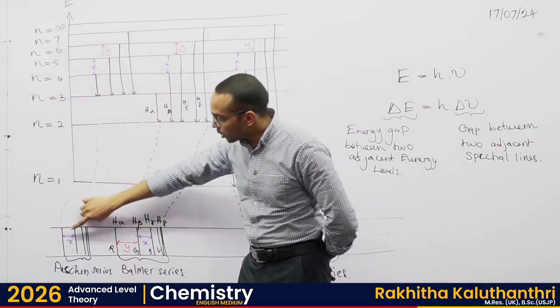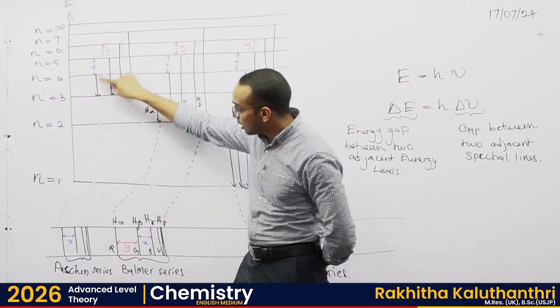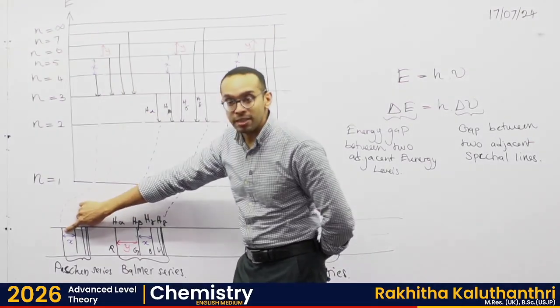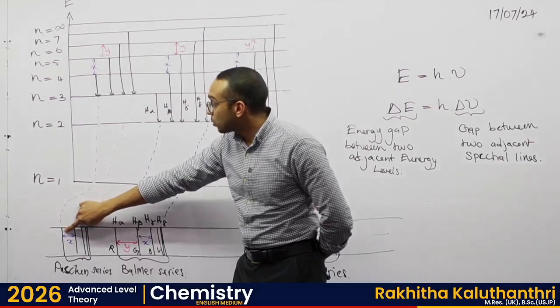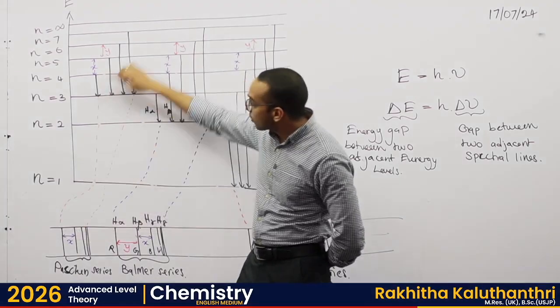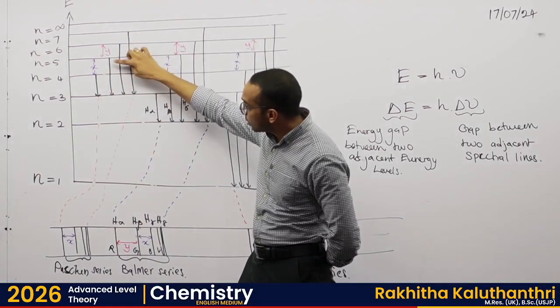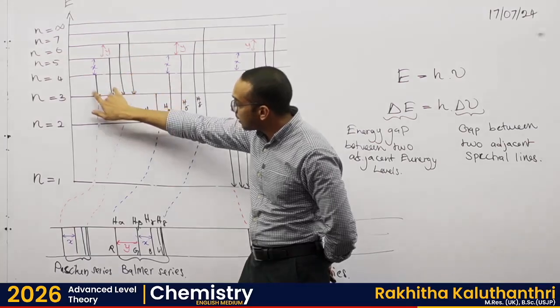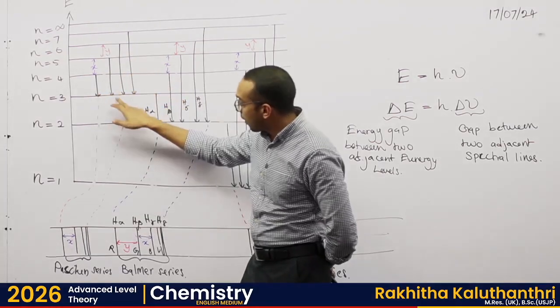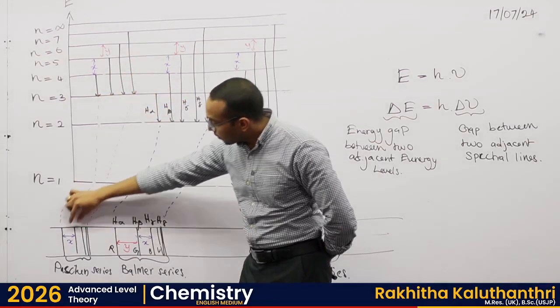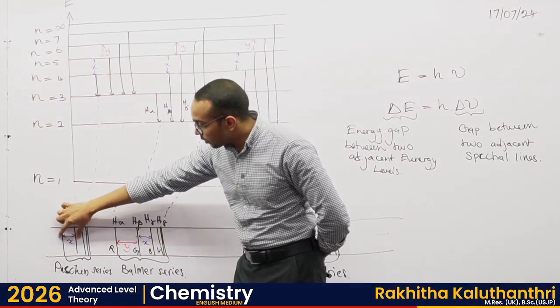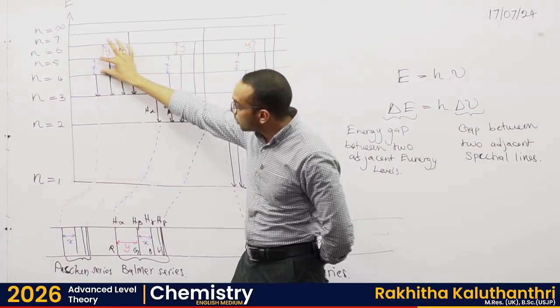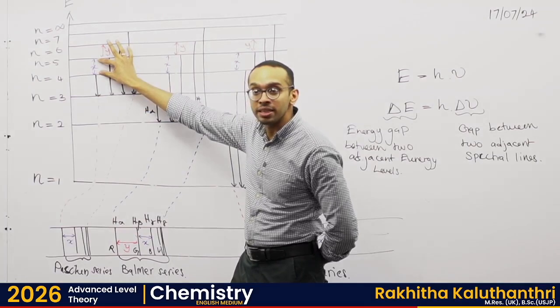This energy transition corresponds to this line, okay? And the second line corresponds to this electron transition. If you take the first spectral line and the second spectral line, the frequency gap between them corresponds to the energy gap over here.